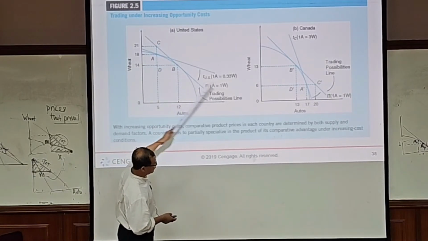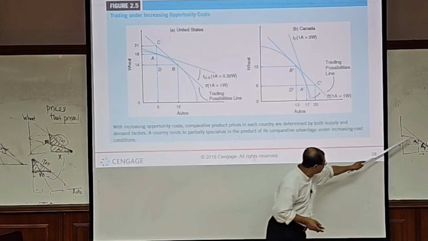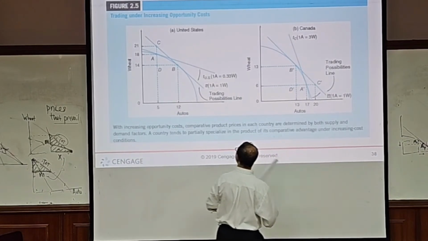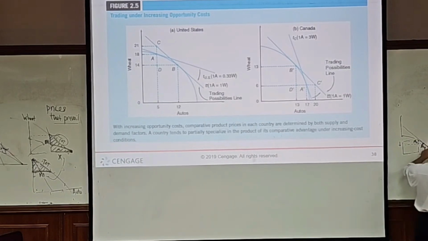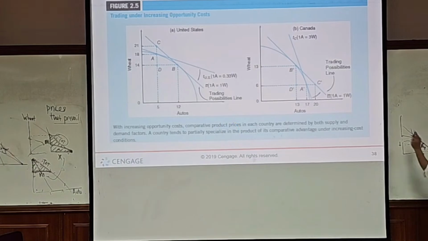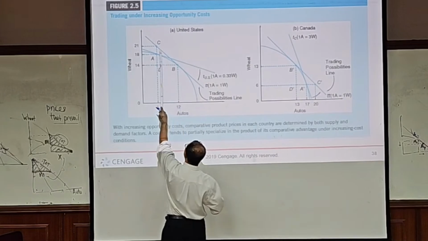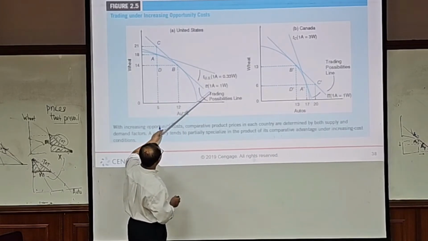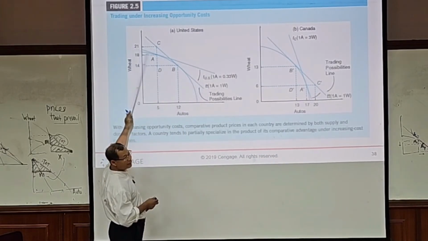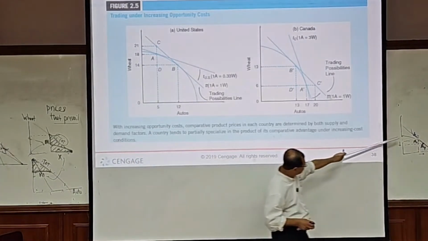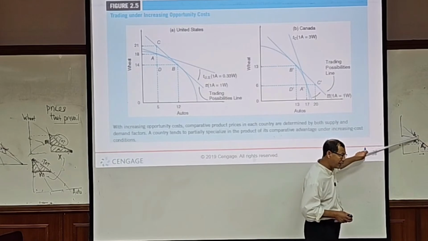This is the red line. You can draw C on the red line only. Which one? C can only be drawn on the red line.